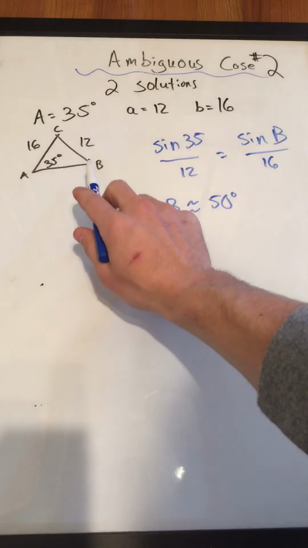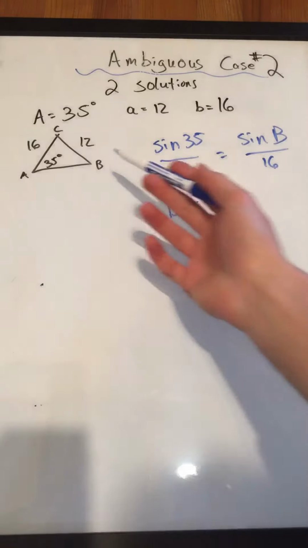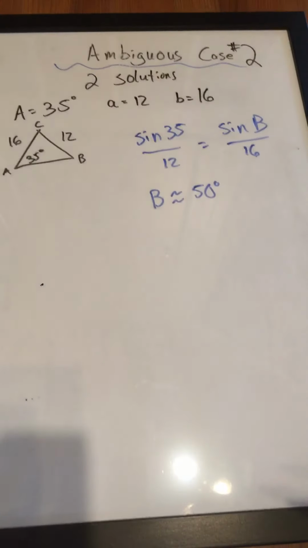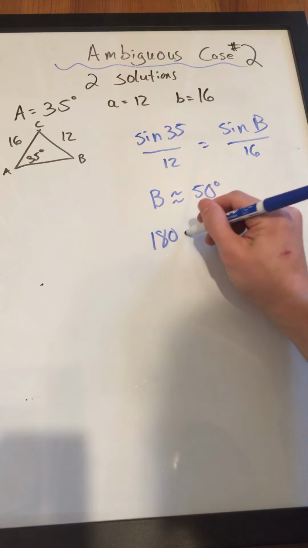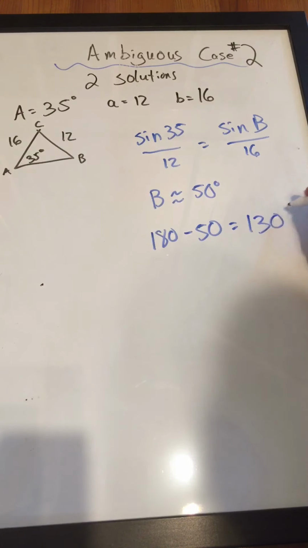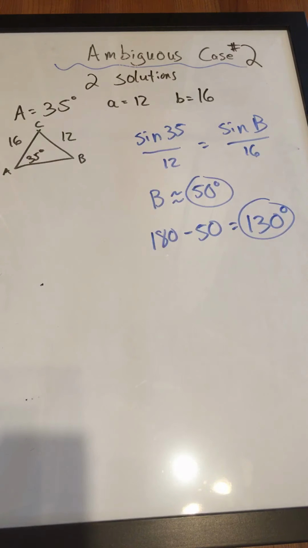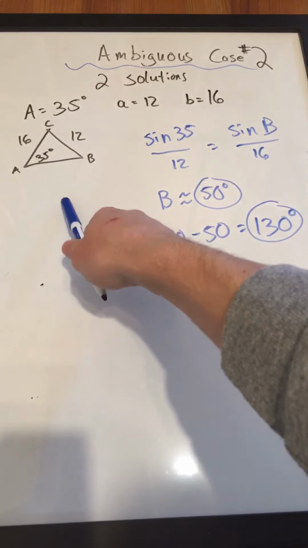But I don't know that this angle necessarily is acute because of the way I drew it. I'm just drawing a generic triangle. Angle B also could be 180 minus 50, or 130 degrees. Which one is angle B? Well, actually, in this case, angle B could be either one. I don't know that the triangle is necessarily drawn this way.